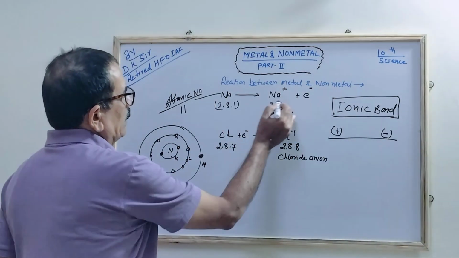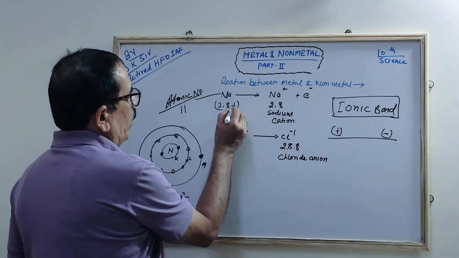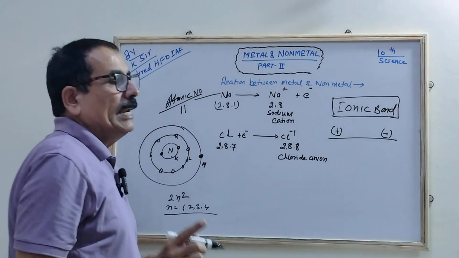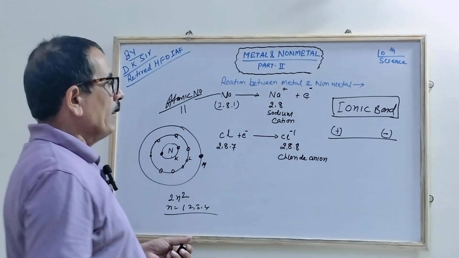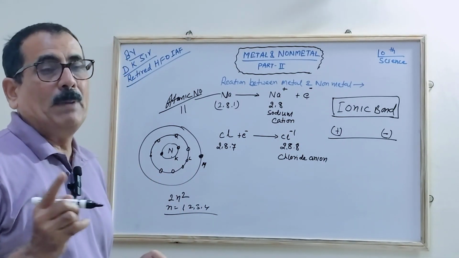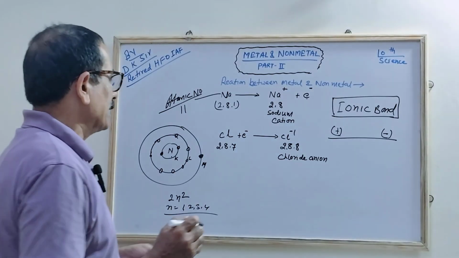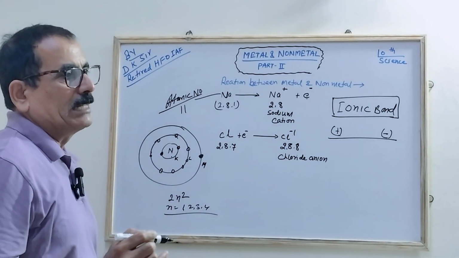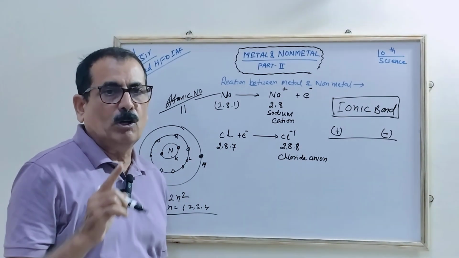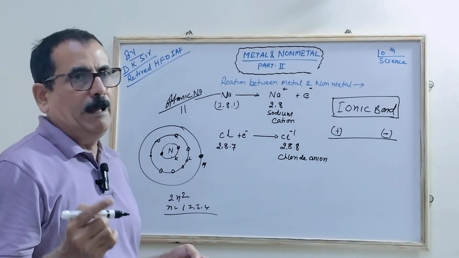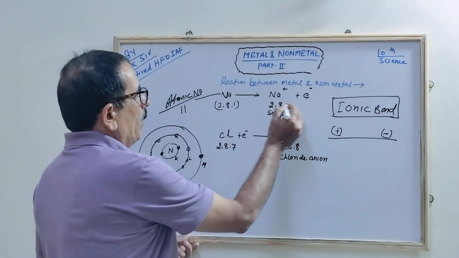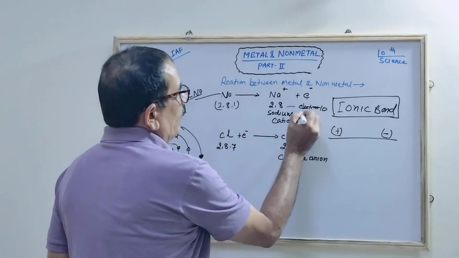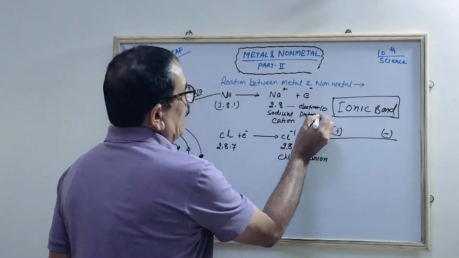When it loses the 1 electron, that electron is out, and it becomes Na plus. The question is to understand why it becomes Na plus. Now Na has 2 plus 8, a total of 10 electrons, because it has lost 1 electron, whereas the protons remain 11.